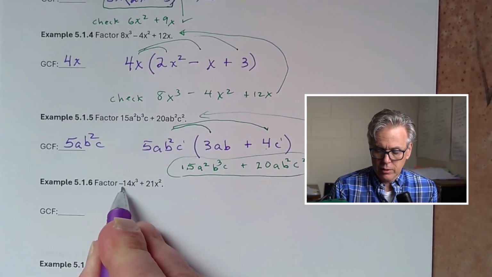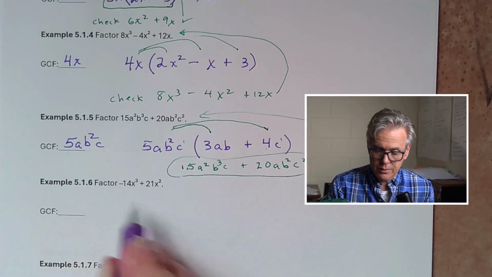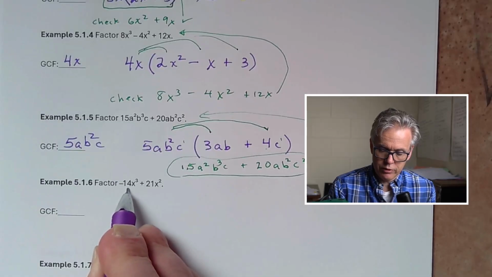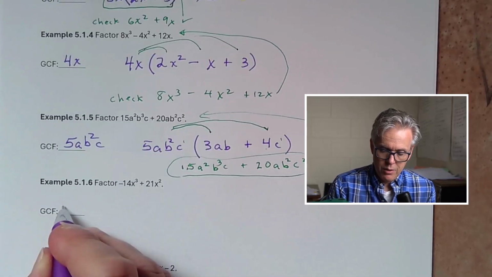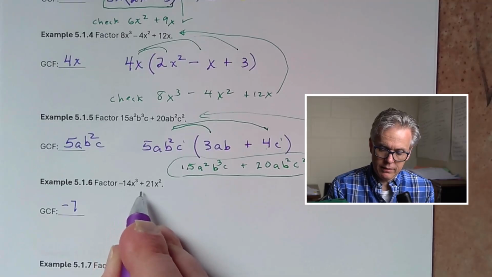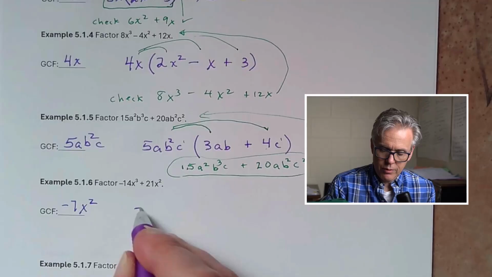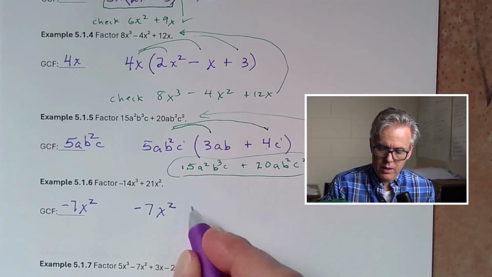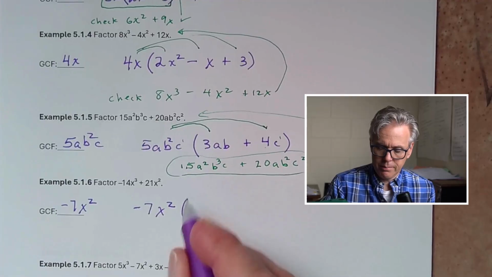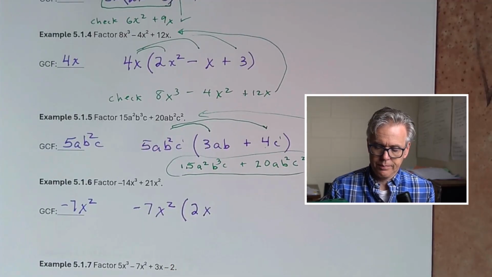So when this first term is negative, notice I've kind of been nice to you, and all these are written in standard form, descending order. I want to pull out a negative factor. So what negative number goes into both 14 and 21? Well, a negative 7. And then what am I left with? Let's look at the variable term. Looks like I have x squared. So negative 7x squared is what I'm factoring out. When I pull that out, what am I left with in this first term? Well, 2x.